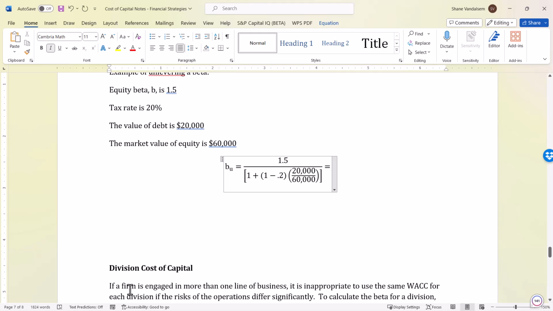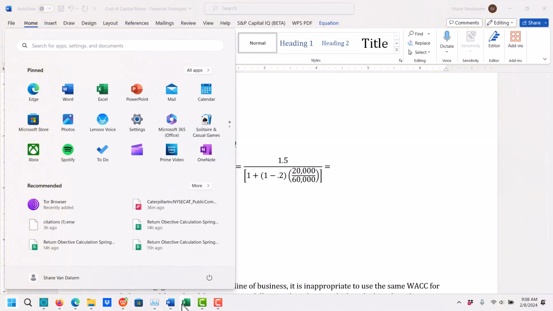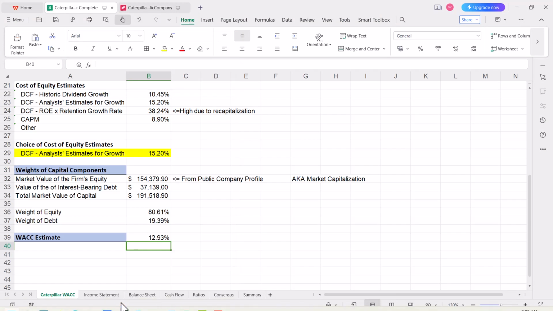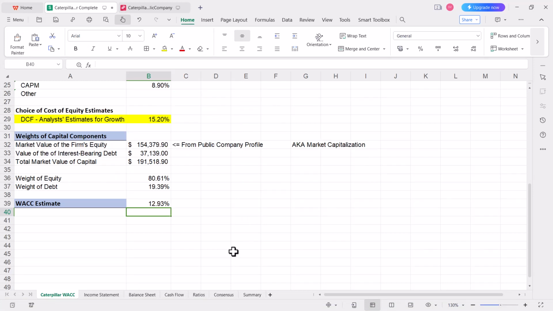And I'm going to go back to my spreadsheet to calculate this.